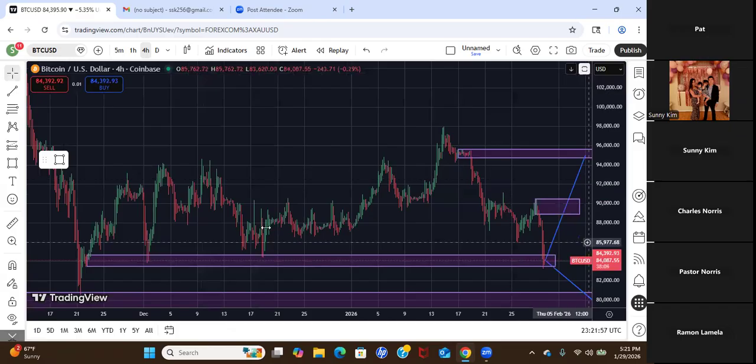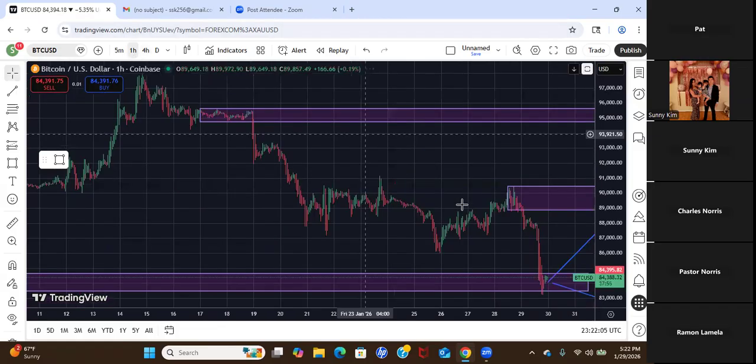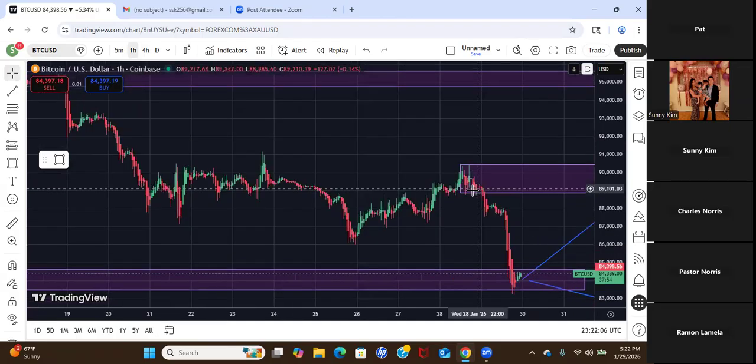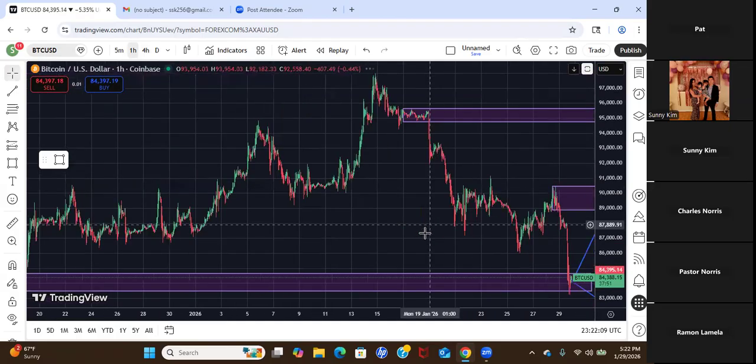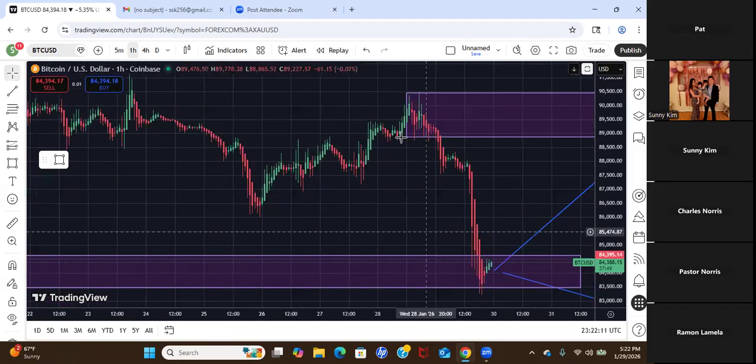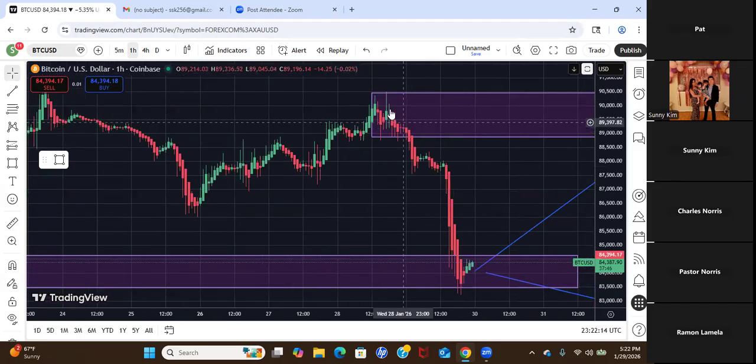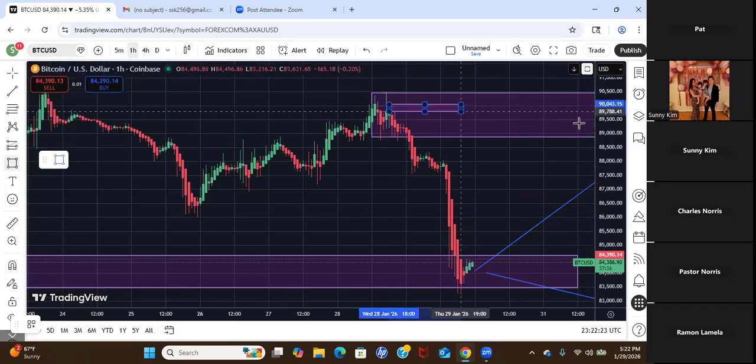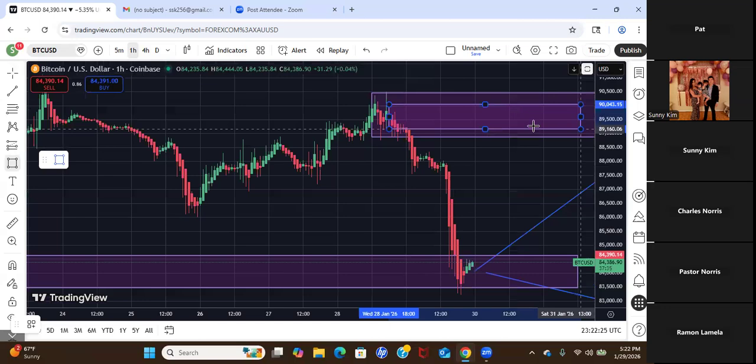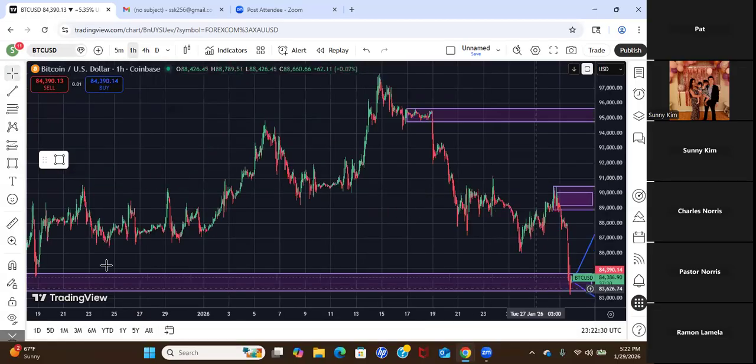Now, once you mark out the 4 hour, go to the 1 hour and look for the same patterns as well. Whenever you see a 1 hour within the 4 hour, that's called a super zone. Price is going to react from here for sure. So this is a 1 hour, 4 hour. And down here, let's see if it happened.